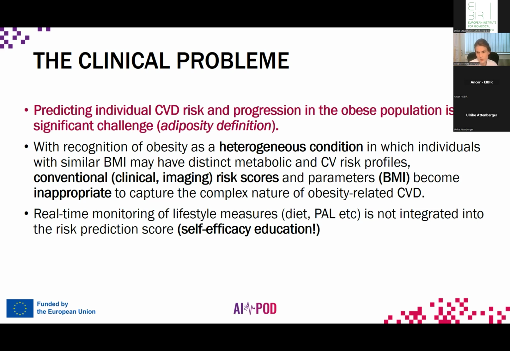At the latest, with the recognition of obesity as a quite heterogeneous condition, where individuals with similar or even equal BMI may have quite distinct metabolic and cardiovascular risk profiles, it turns out that conventional risk scores, both imaging-based but also clinical risk scores like the ESC score, for example, and also clinical proxies for what we think obesity is, like the body mass index, become more and more inappropriate or simply not good enough to capture the complex nature of obesity and the individual development of cardiovascular complications.